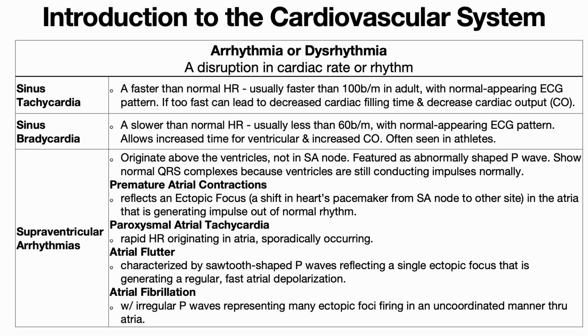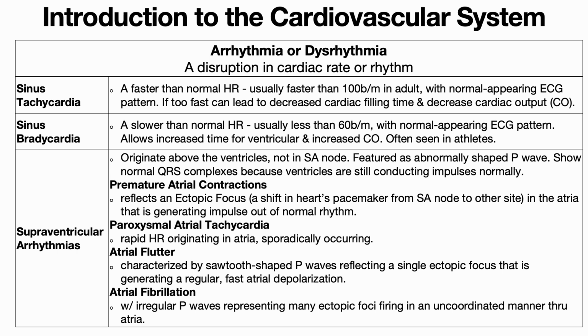First we have the premature atrial contraction. So this reflects an ectopic focus or a shift in heart pacemaker from the SA node to another site in the atria that is generating impulses out of normal rhythm.